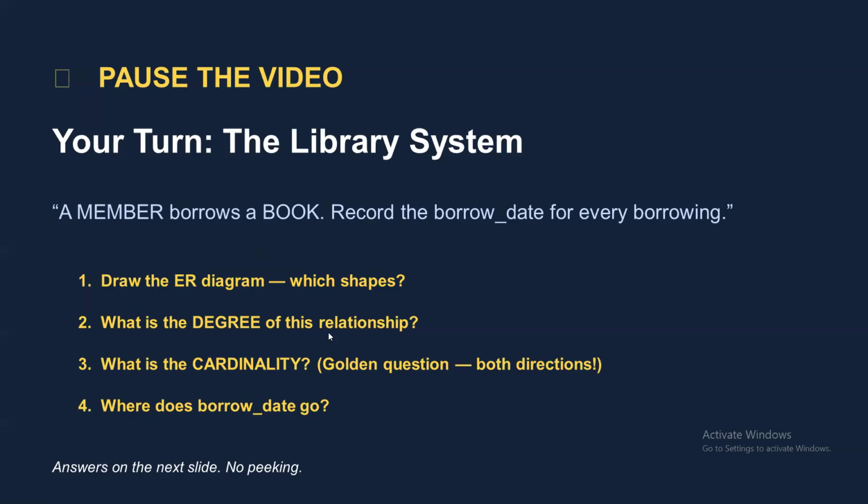What is the degree of the relationship you will utilize? What is the cardinality you will utilize? And where will your borrow date go in your library system? So that is one ER model you have to create for a library system. So pause this video, take your time, and draw this model in your notebook.